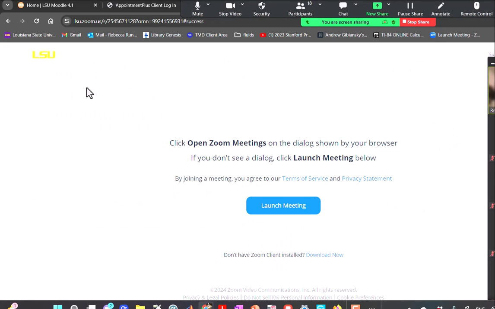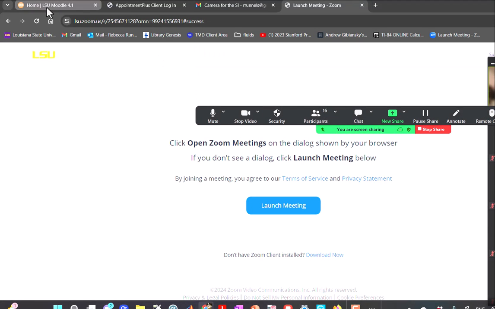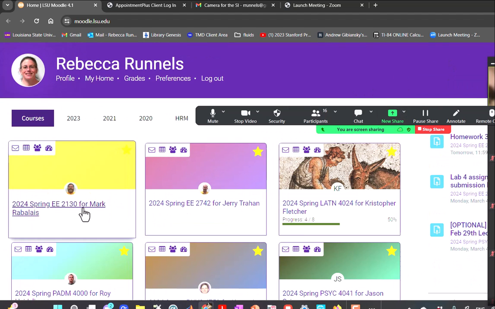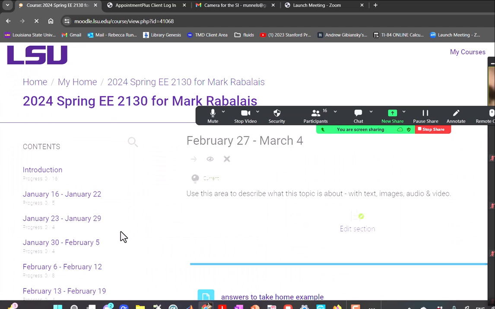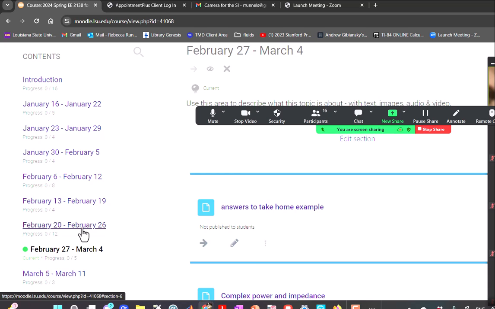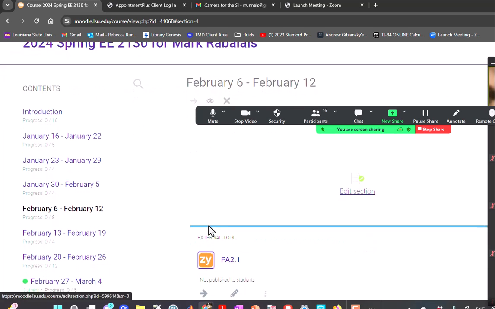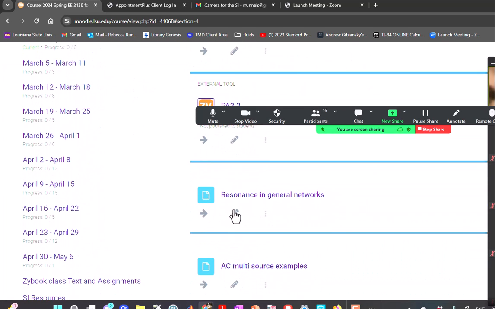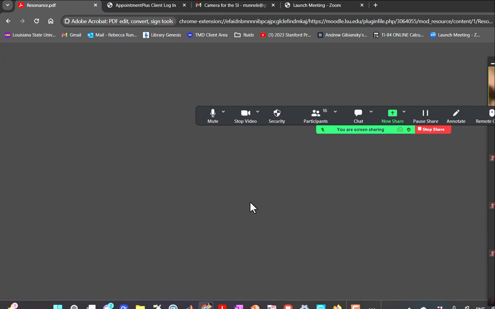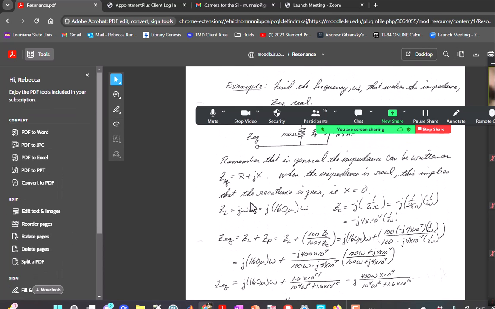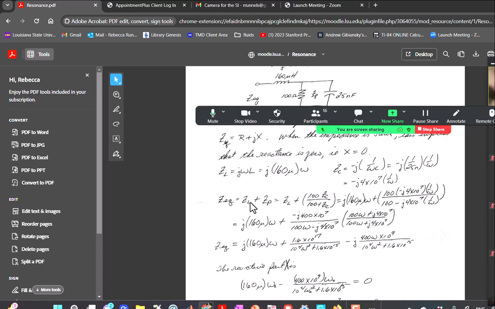Let's see. Find the frequency that makes the impedance real.